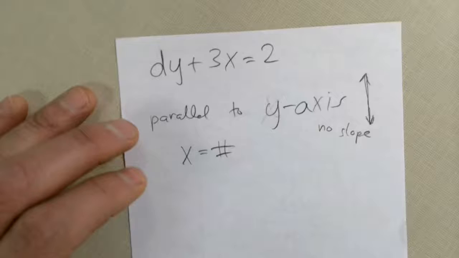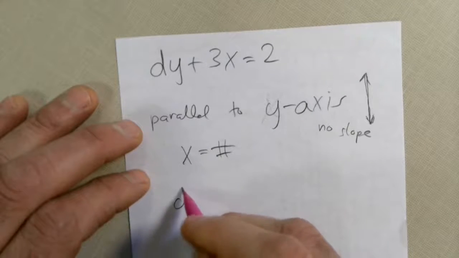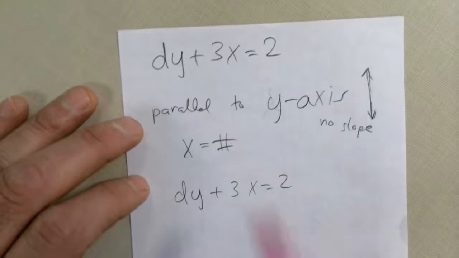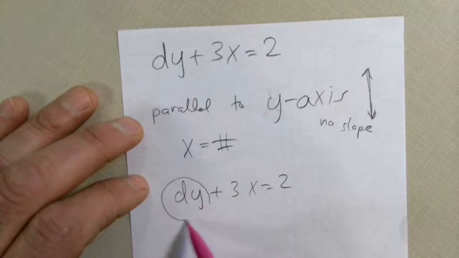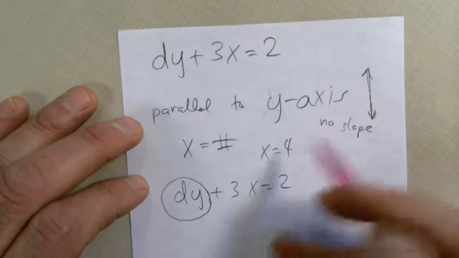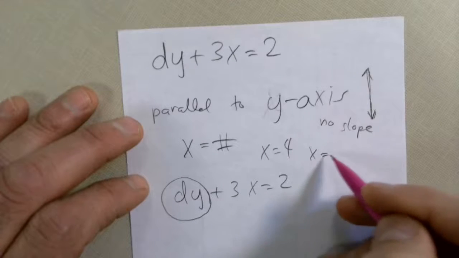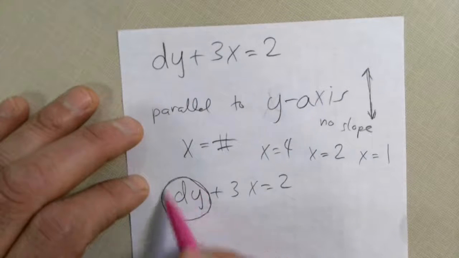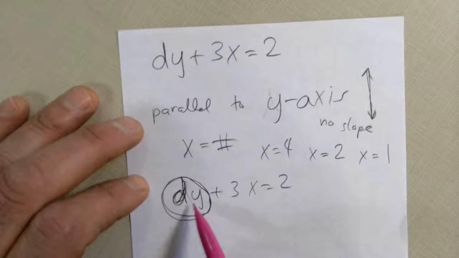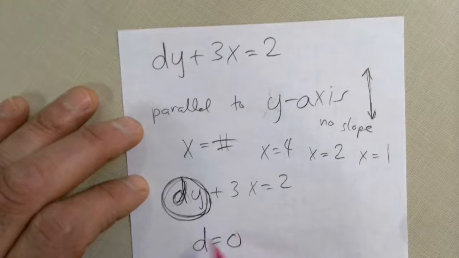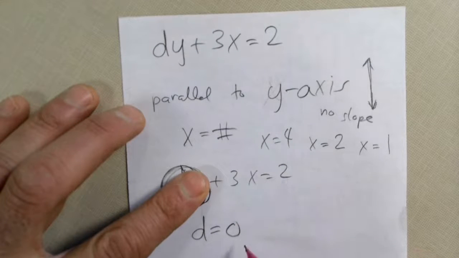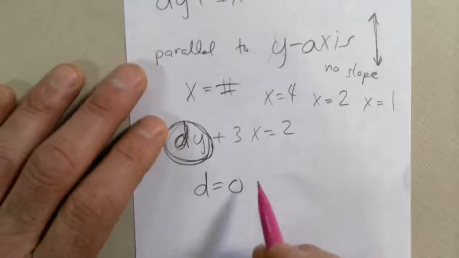So what we need to do is get rid of the y part of dy plus 3x equals 2, because x equals 4 is parallel to the y-axis, x equals 2 is parallel to the y-axis, x equals 1. The only thing that'll get rid of this is 0, because 0 times y is 0 and it vanishes. And then I have x equals a number. So the second part of number 40 is d equals 0.